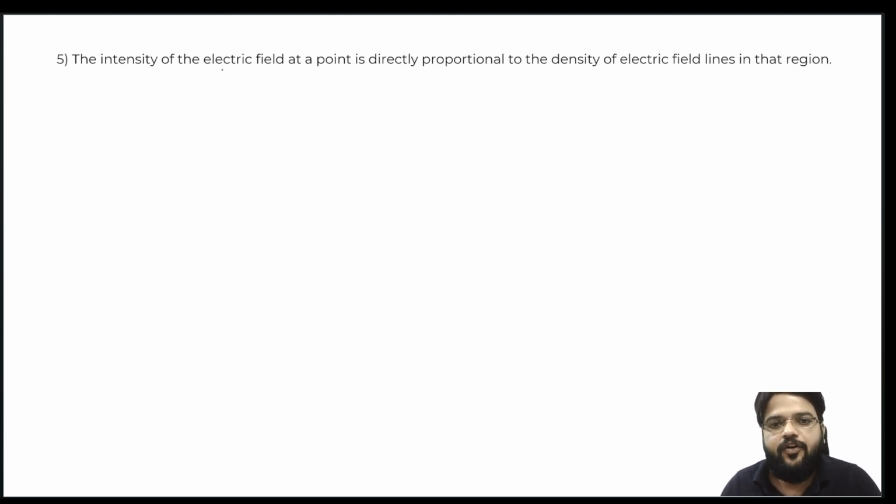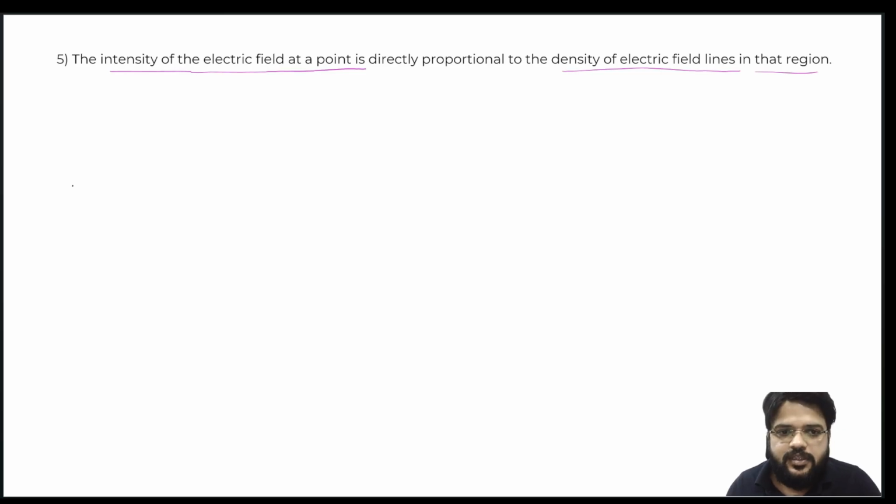The intensity of electric field at a point is directly proportional to the density of electric field lines in that region. So what is the sense of this point?